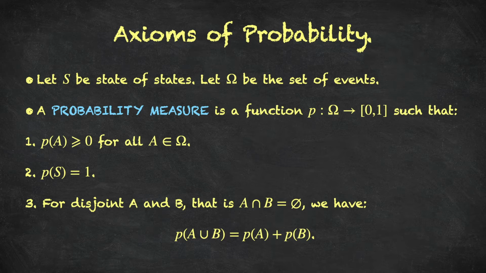In that case, if we want to describe the probability of A or B, so A union B can be read A or B, the probability that one of these happens, then we can sum up the individual probabilities. The probability of A or B, where A and B are disjoint, is equal to the probability of A plus the probability of B.